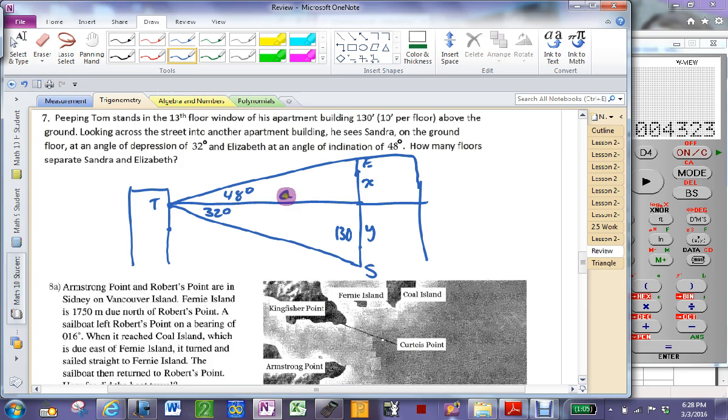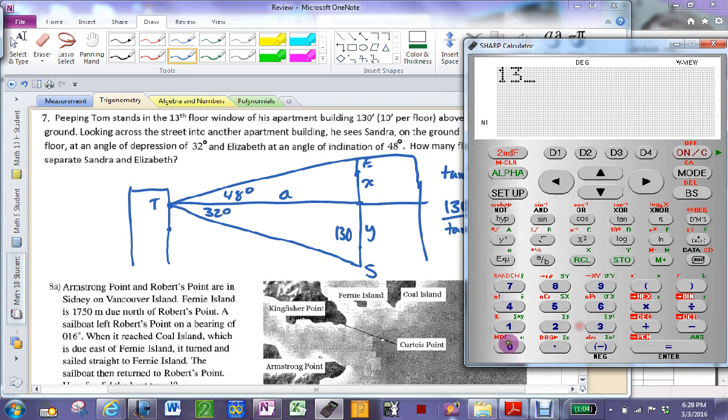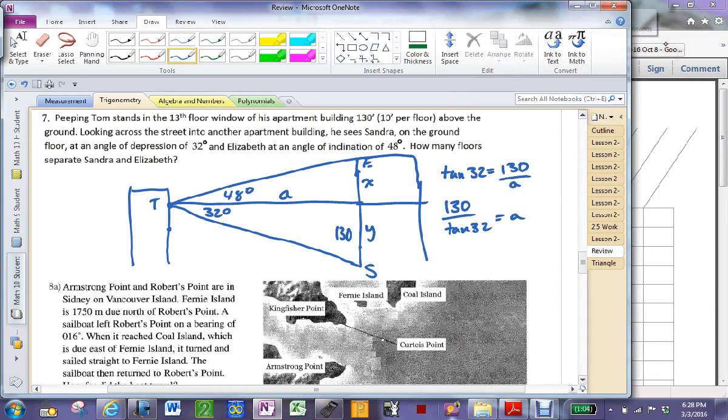This I'm gonna call A. So first I gotta find A, and that's tan 32 equals opposite 130 over A. So 130 divided by tan 32 will get me A. So I go to my calculator, 130 divided by tan 32. And I get 208.